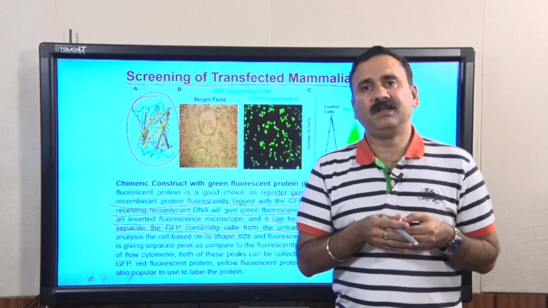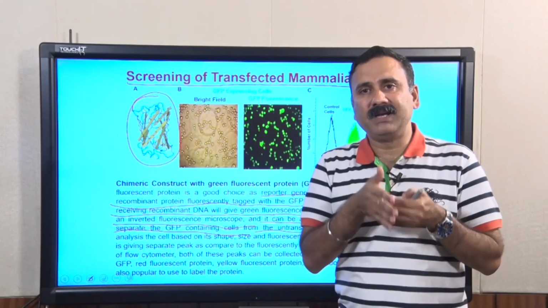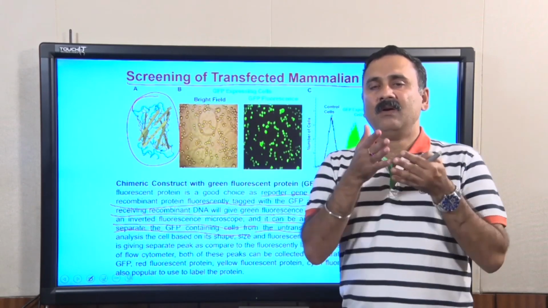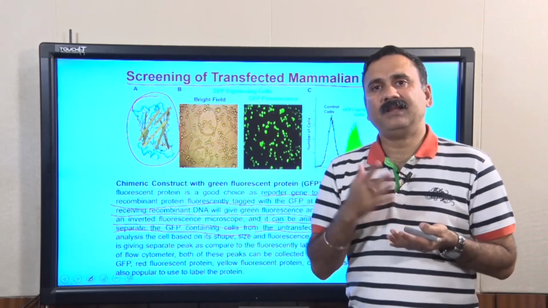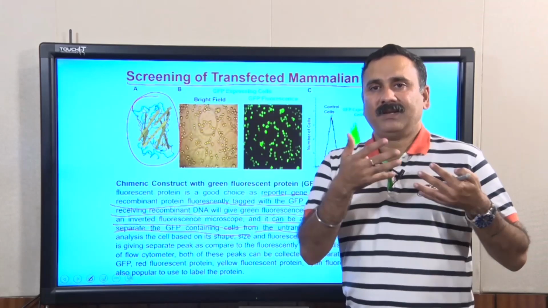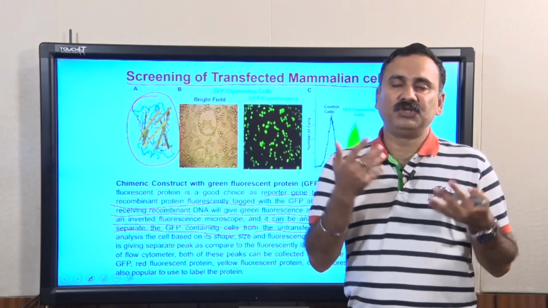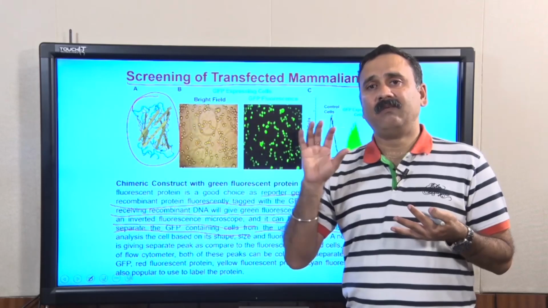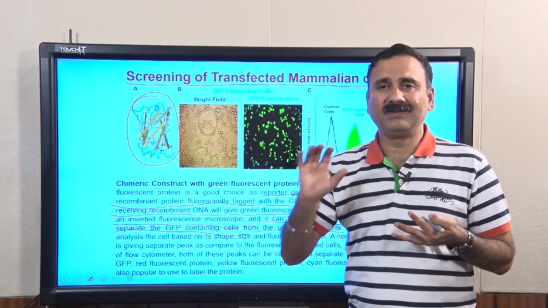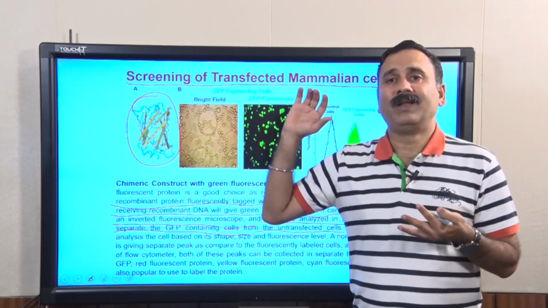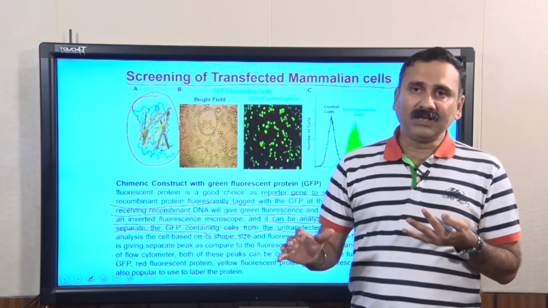A flow cytometer is an instrument which separates cells based on the fluorescence, and also based on size and shape. So, you can select the cells based on size and shape, and then measure the fluorescence. If the cells show green fluorescence, you can ask the instrument to collect these cells.